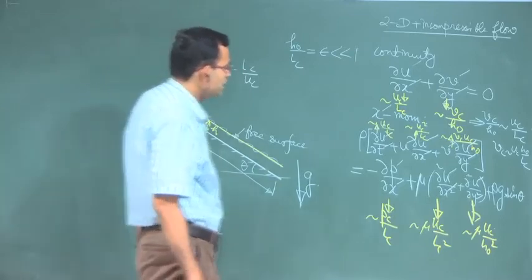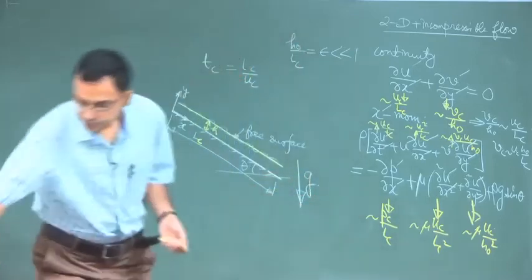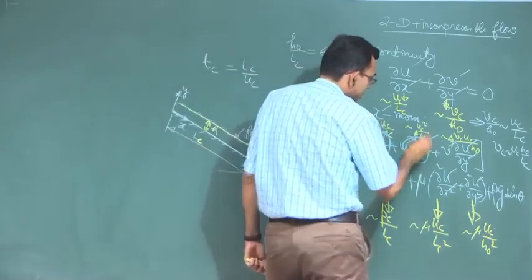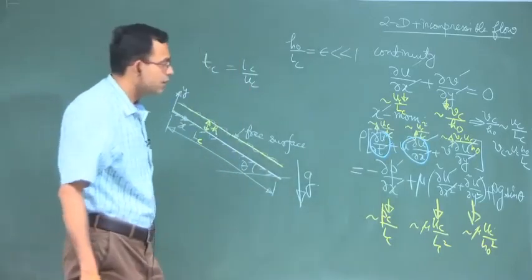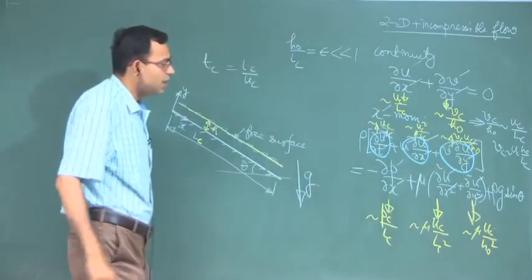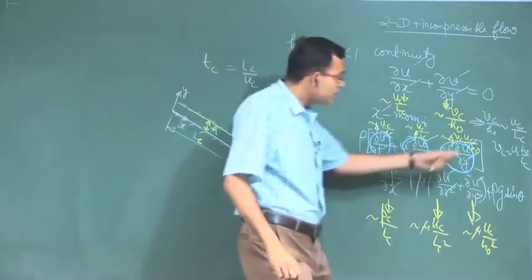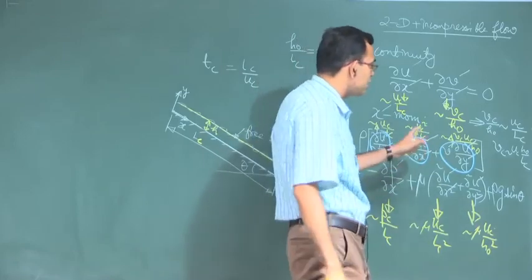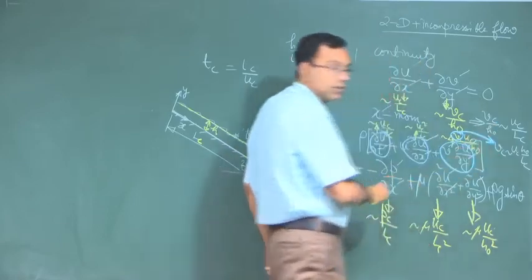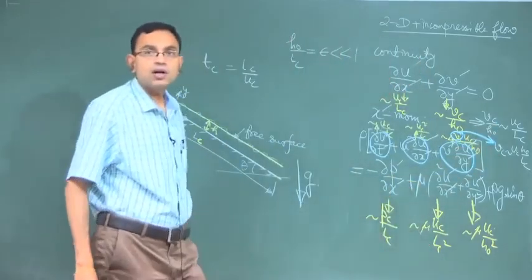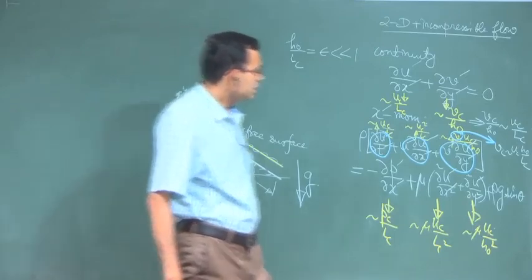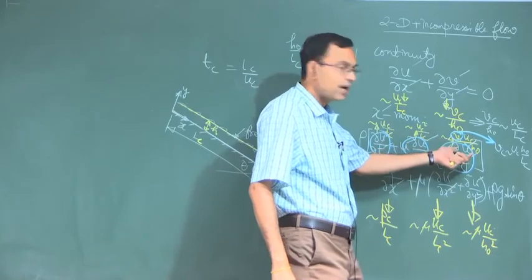If you do that, then clearly these two terms will become of the same order. This term will also become of the same order, because Vc is of the order of Uc into H0 by Lc. If you substitute this, then this is also of the order of Uc square by Lc.